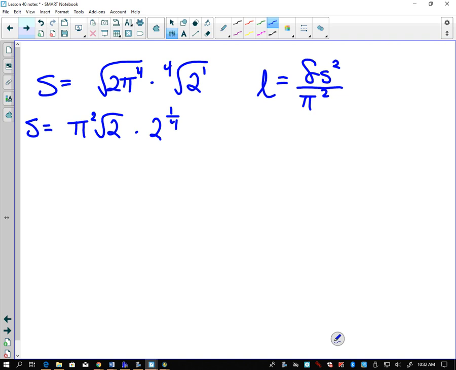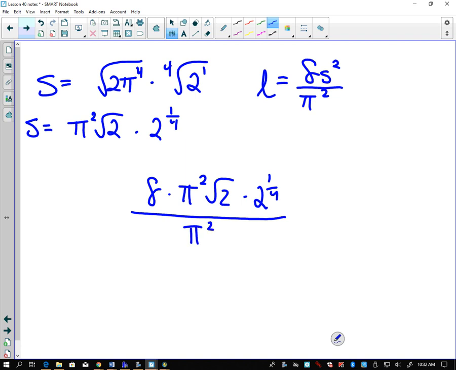All right, well, let's try this. 8 times pi squared square root of 2 times 2 to the 1/4 over pi squared. The problem is that I won't be able to even know.